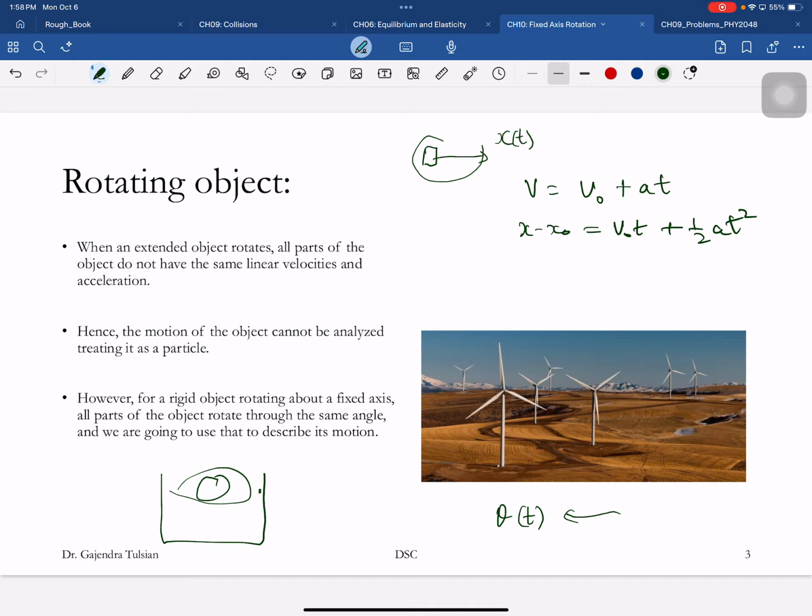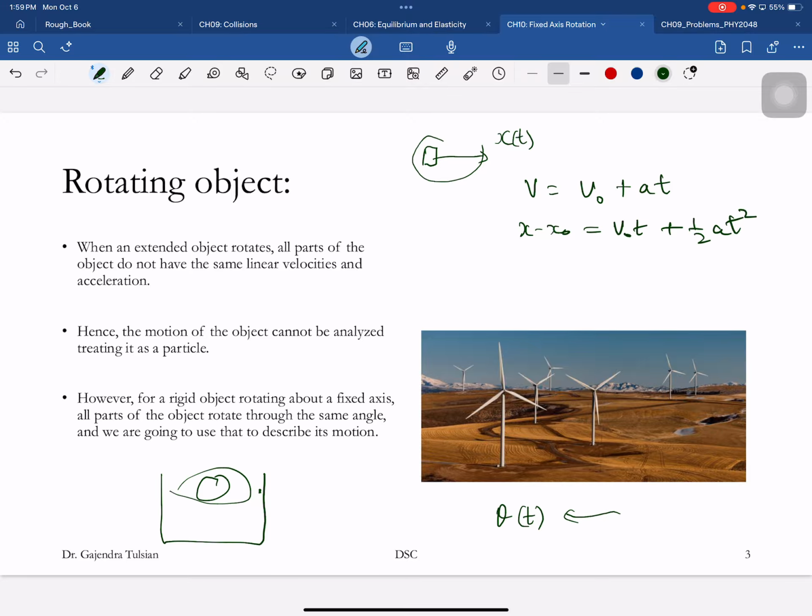Well, that's a bad use of a wheel. What you really want to do is this. So you see that's a fixed axis, this is a rigid object. Every point on this wheel rotates through the same angle. So that's the coordinate we'll use to describe the motion.